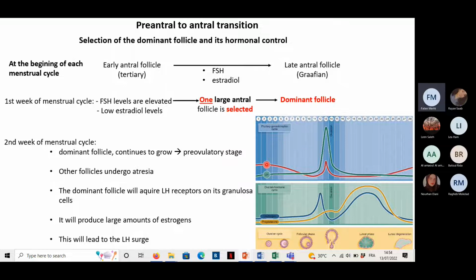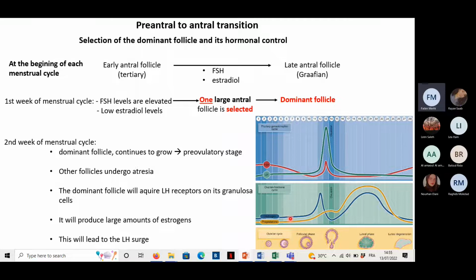Since we have high levels of FSH, those early antral follicles can be recruited to develop and give more mature follicles. Under the action of FSH also, their granulosa cells can start to produce estrogen.